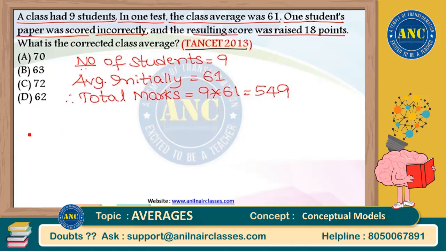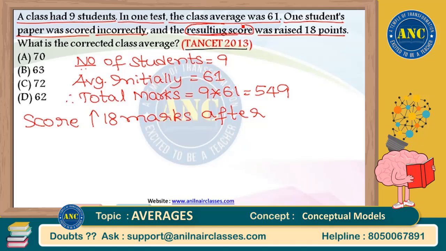That means, can I say that the score of the student raised by 18 marks after the correction has been made, right? After the correction is made, 18 points were added to the student's score. That is what is given in the question.